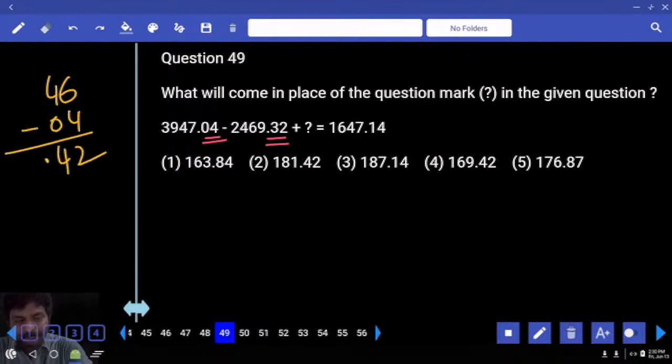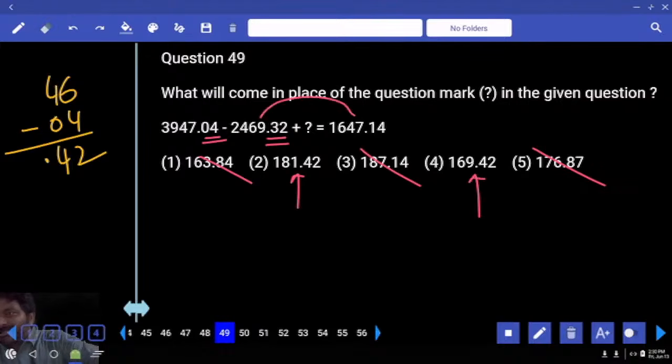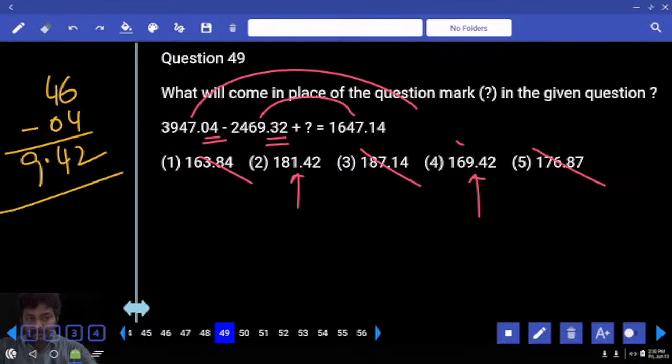Answer ends with, how many options are there? 2 options are there. So far, do we have any carry? Did we use any carry? No. But number before decimal, both are different, right? Yes. 9 goes to the other side. 9 plus 7, 16. 7 goes to the other side. 16 minus 7. Answer. Fourth option.